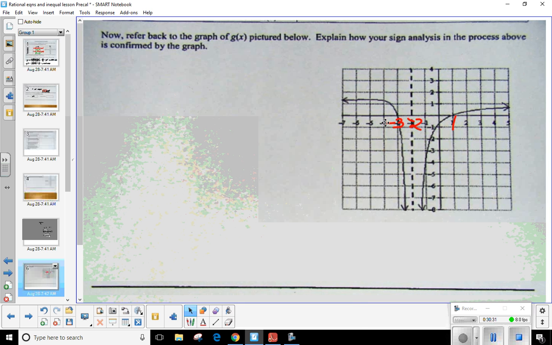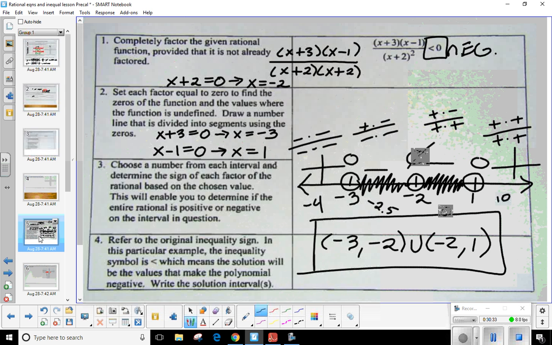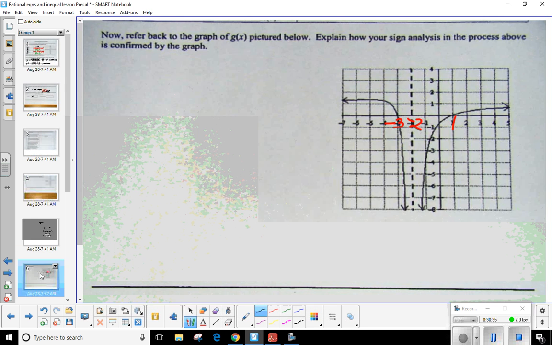Well, what was the pattern? Remember, it was plus, minus, minus, plus? So here it was plus, minus, minus, plus. And is that graph showing me exactly what we got on the sign chart? Everywhere we got a positive, the graph is where?